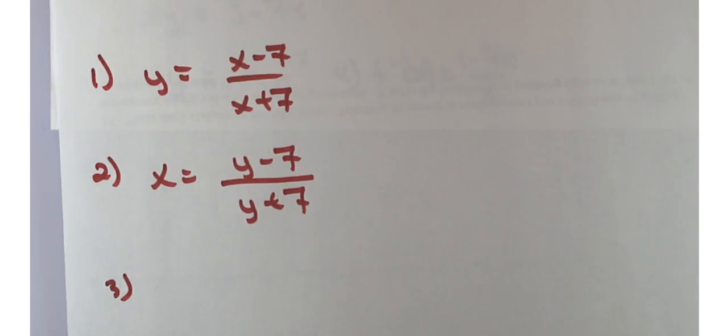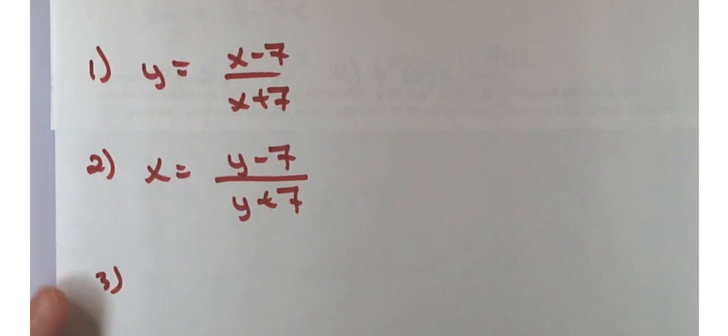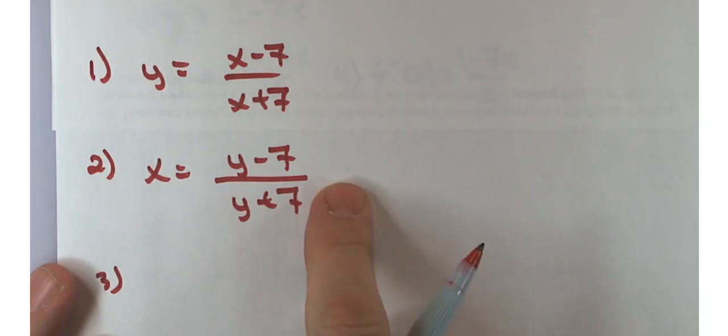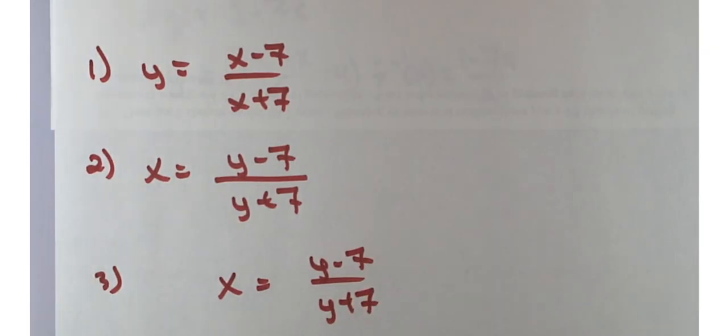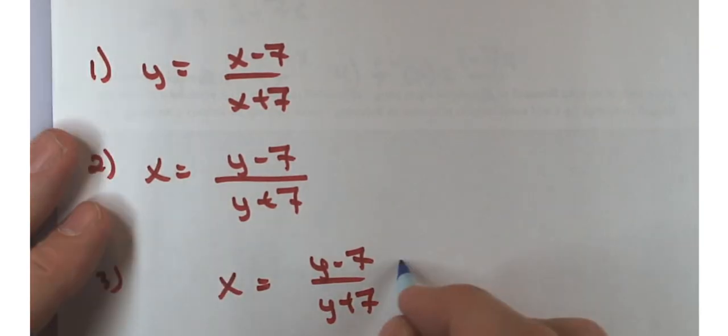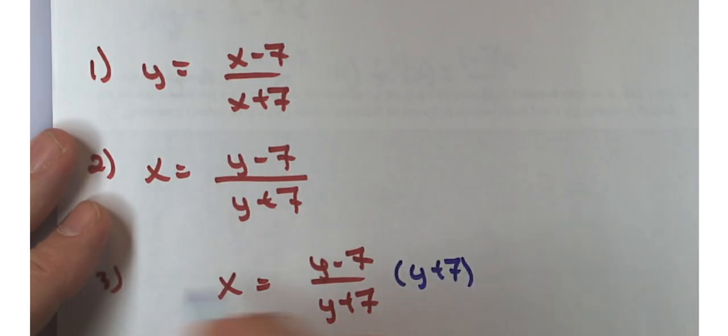Ethan, what would you do here? To get the y out of the denominator, you would multiply by y plus 7. Yeah. So in this case, again, we're going to clear out the denominators by multiplying by y plus 7 on both sides.